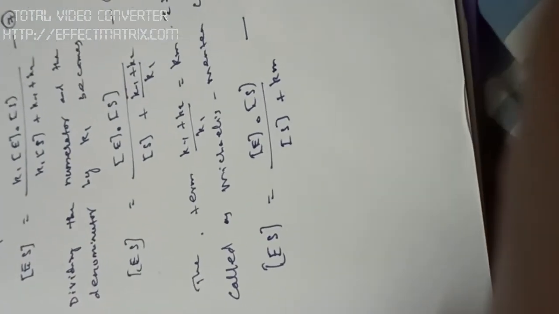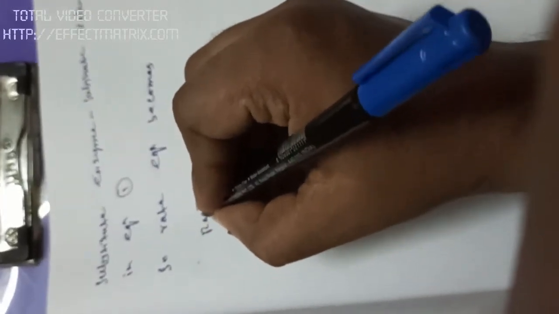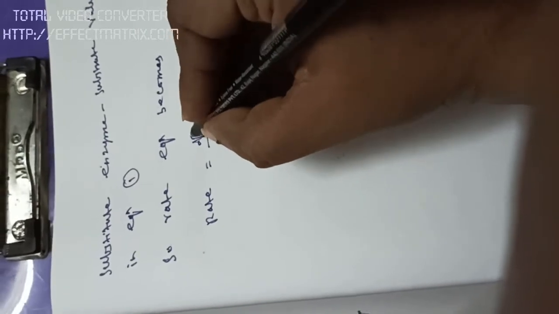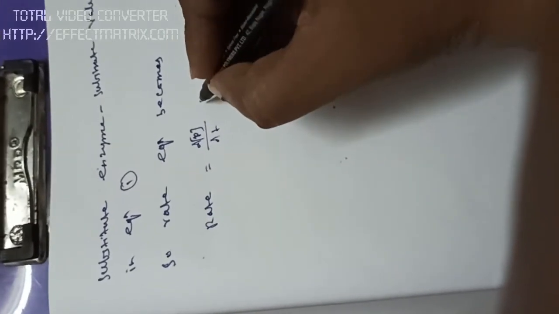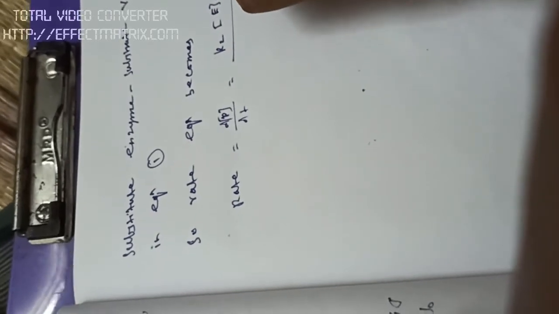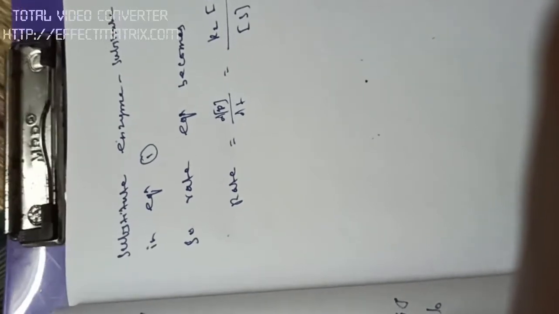Substitute the enzyme substrate value in equation 1. So the rate equation becomes rate equal to dP divided by dt equal to K2 times concentration E0 times concentration of substrate divided by concentration of substrate plus Km.